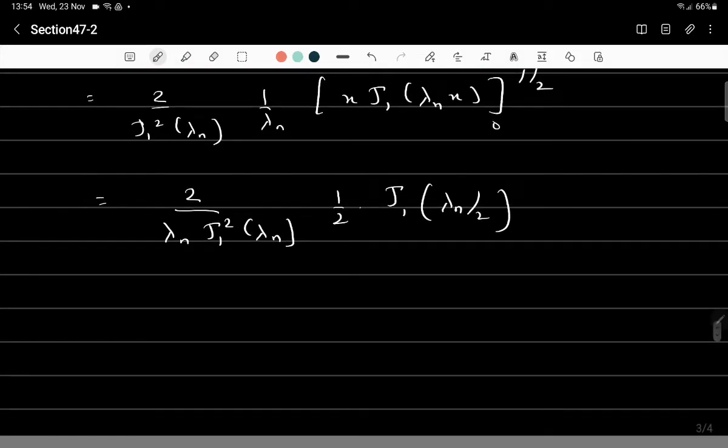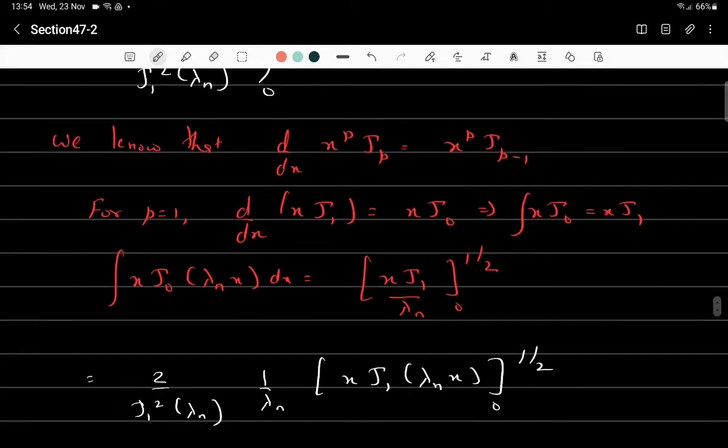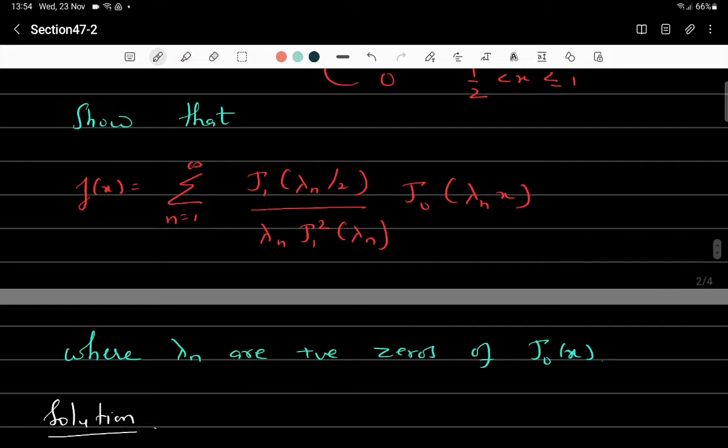So this is what you are looking for. This is J1 lambda n by 2 divided by lambda n J1 square lambda n. And if you substitute the value of an, then you will get the required series which we are looking for.